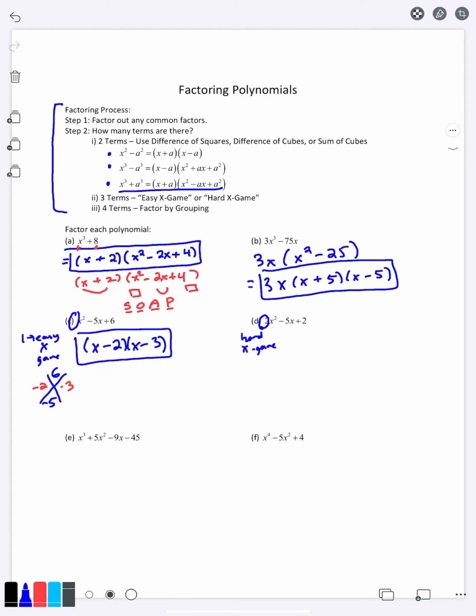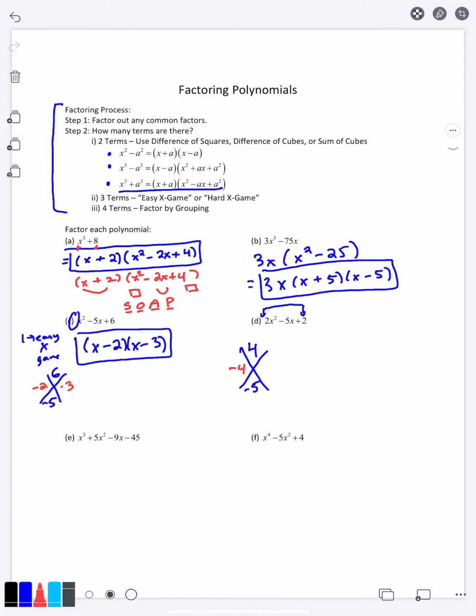So the easy x game means you can go immediately to writing down the answer once you've solved the x game. Now, for the hard x game over here, when you draw your x, on top is not just the constant term, it's actually the first term multiplied by the last term, so it's going to be 4. And then you still put the middle on the bottom, and then you ask yourself, what numbers multiply to 4 and add to negative 5?